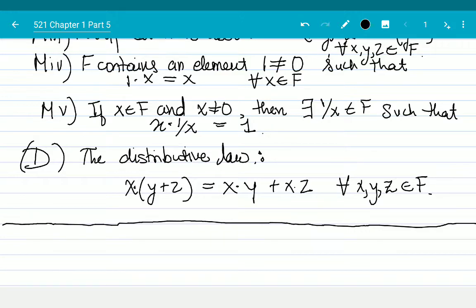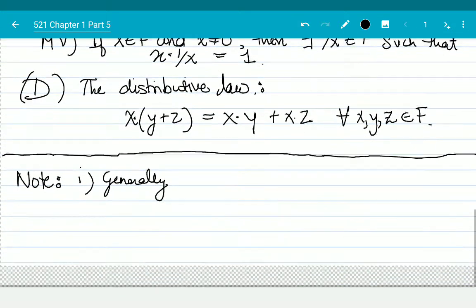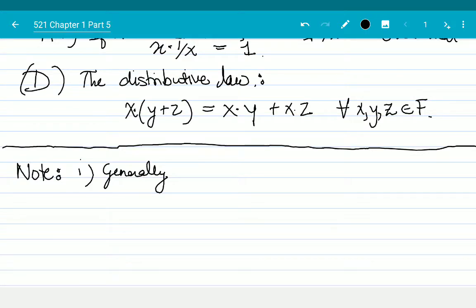So, note, generally, you use shorthand notation for some things.